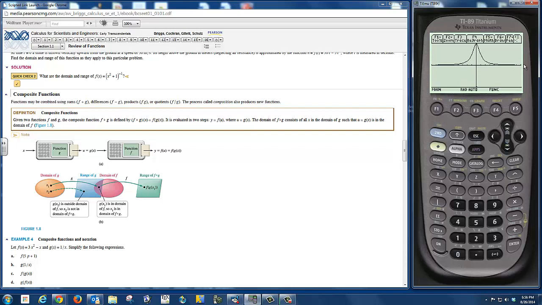So the domain is probably all real numbers. And it looks like it goes from the x-axis up to 1. Although let's confirm that again by doing math. F5, maximum. So again, we need to get to the left of the peak and to the right of the peak.